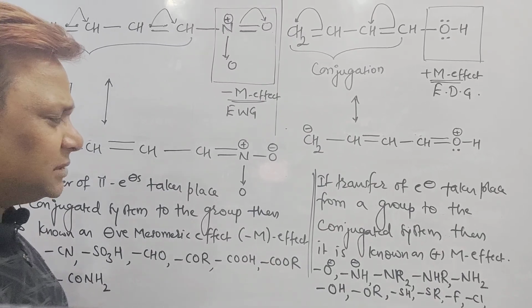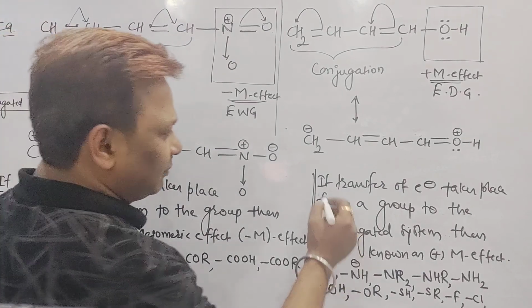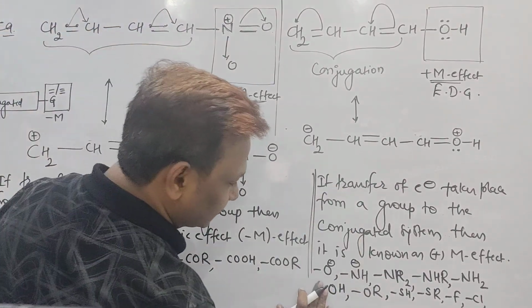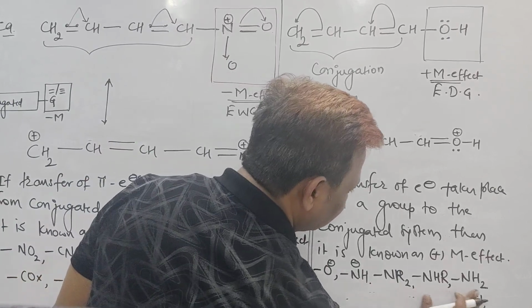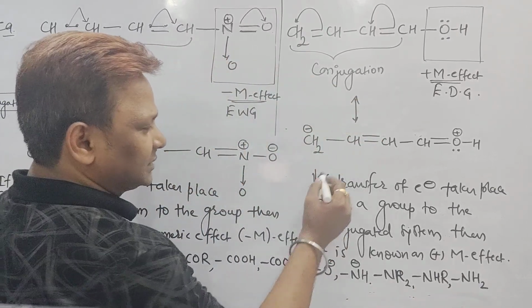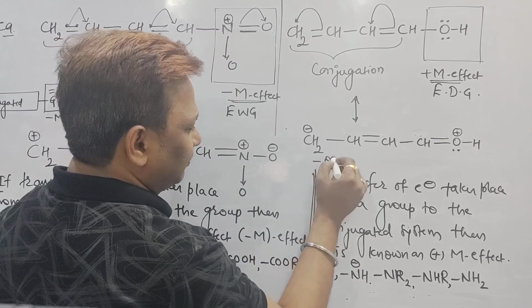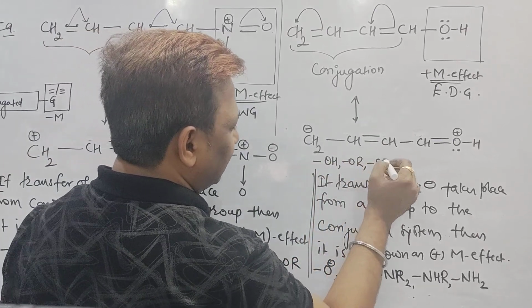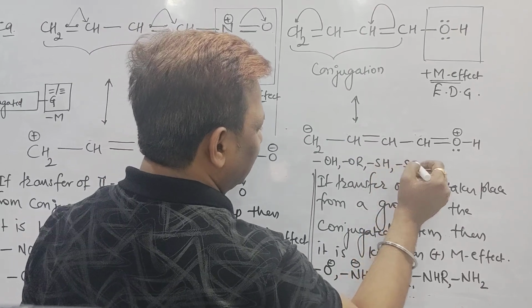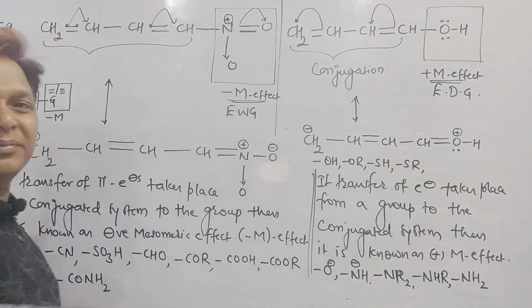Even we can say NHCOR. We don't have the place, but I'll write this one here. All these things, OH, OR, SH, SR, I'll write on this side, the plus M ones: OH plus M, OR plus M, SH plus M, SR plus M.